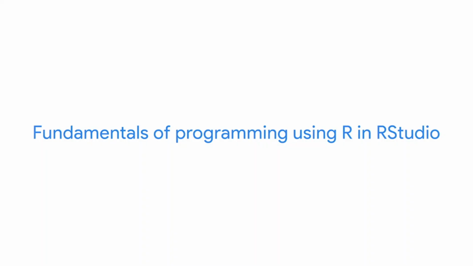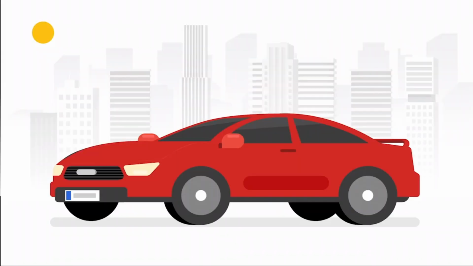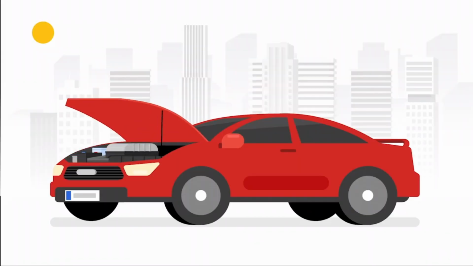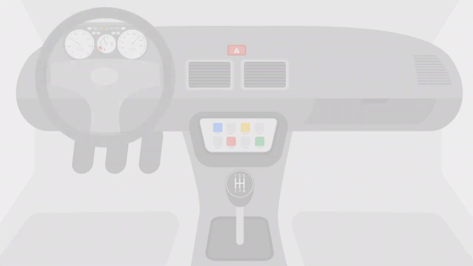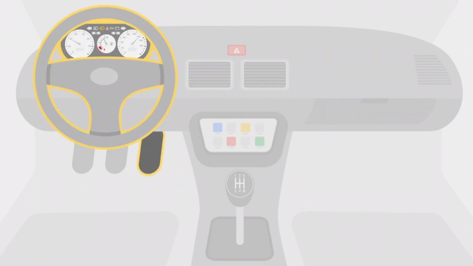I'll start by sharing the fundamentals of programming using R in RStudio. Earlier, we explained how R is like the engine of a car, and RStudio is like the accelerator, steering wheel, and dashboard all in one. Getting to know fundamentals will help you keep your R car running smoothly.